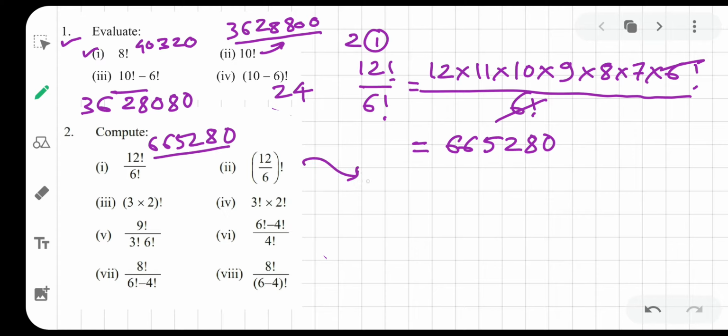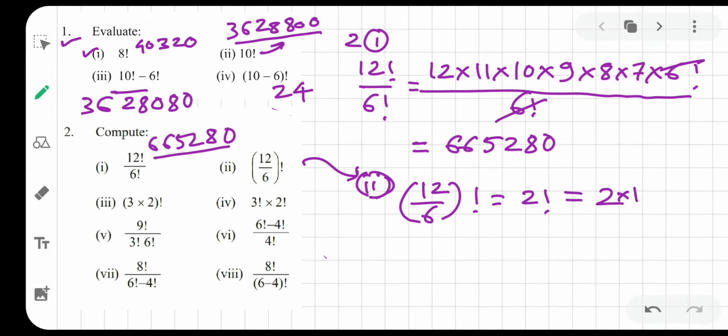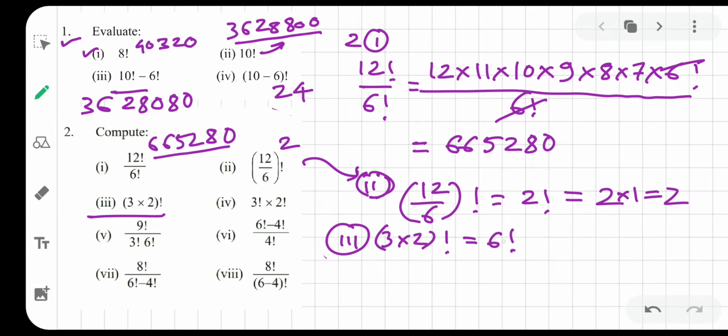But the second one is 12 upon 6 factorial, but 12 by 6 is already 2, so it is 2 factorial, and 2 factorial is 2 into 1, which is 2. So the answer of the second one is 2. For the third question, it is 3 into 2 factorial, which is 6 factorial, and 6 factorial is equal to 720.